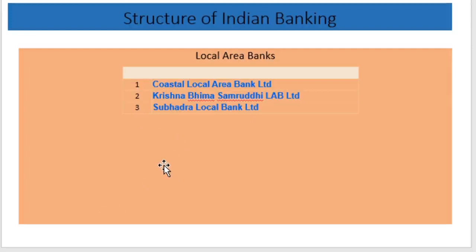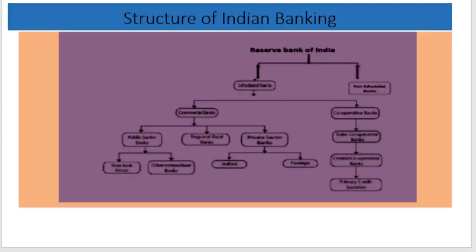This is the structure of the Indian banking sector. That is, the Indian banking sector is divided into scheduled and non-scheduled. Scheduled banks are divided into commercial banks. We explained what commercial banks are. They are divided into public sector banks, that is State Bank of India and other nationalized banks, and they include the regional rural banks as well as the private banks.